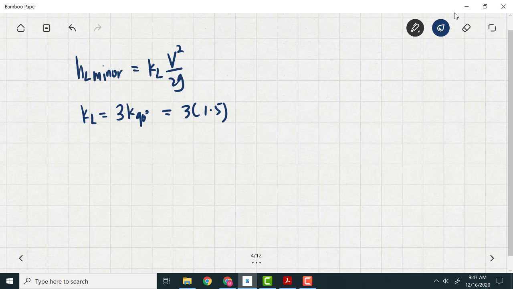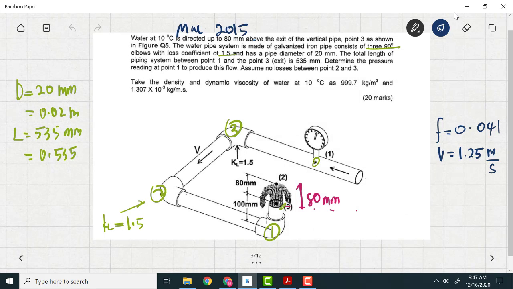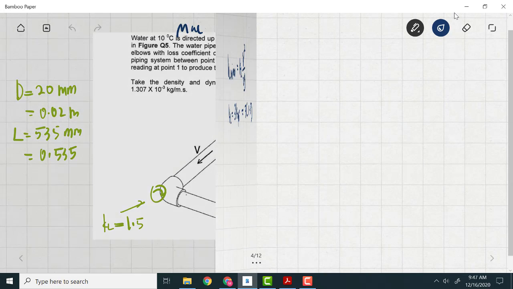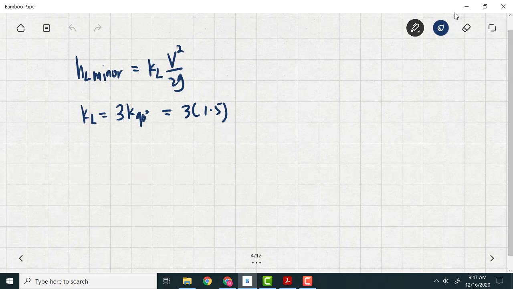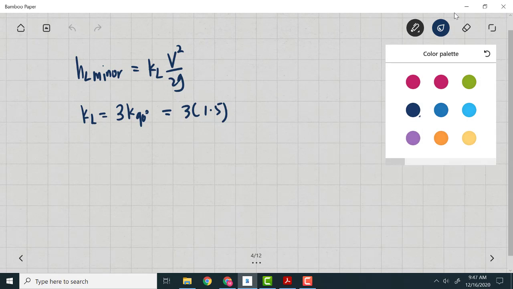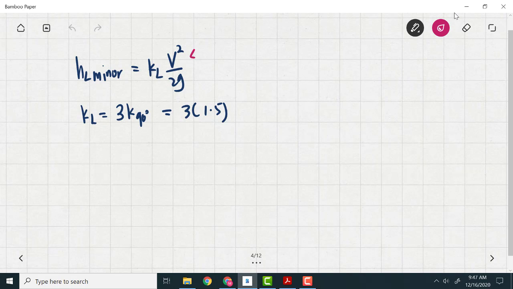Okay. Alright, and then velocity. So velocity awak dah cari sebelum ni, 1.25 dan F awak dah cari 0.041. So velocity adalah 1.25 meter per second. Okay. Gravity acceleration 9.81. Okay, just substitute the value and then you got the H minor.